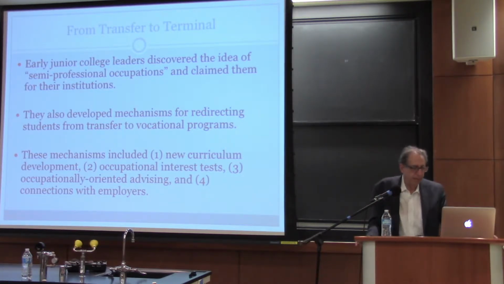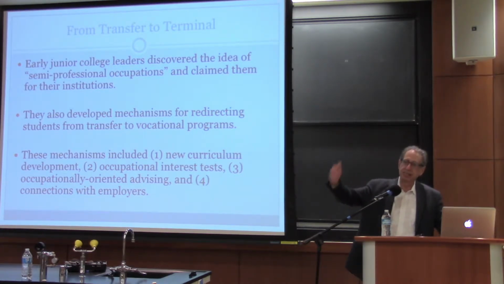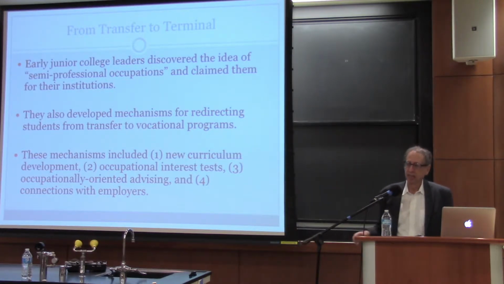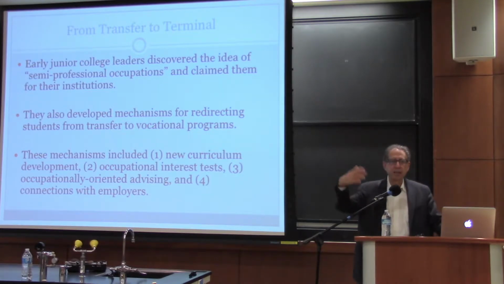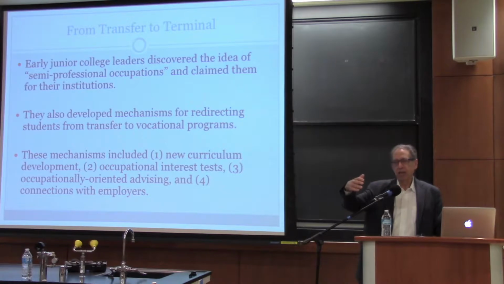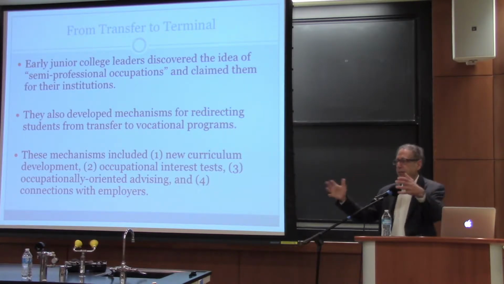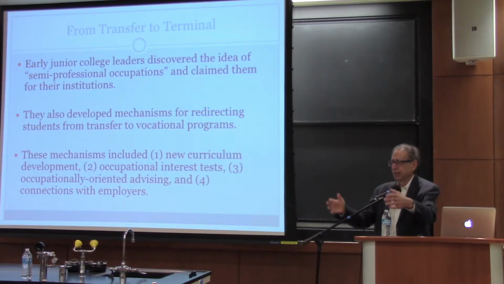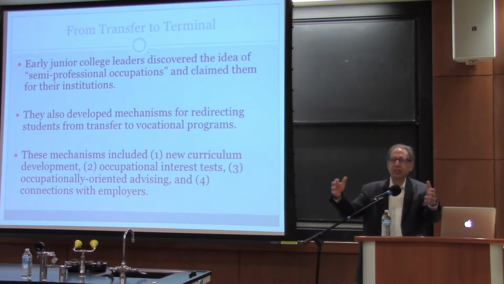Those mechanisms included, of course, the development of new curricula in these brand new credentialized occupational programs, and career-related counseling and testing. So you get an occupational interest test, and then you see the counselor. The counselor would say, well, I see that you have an aptitude for this kind of occupation, give it a try.